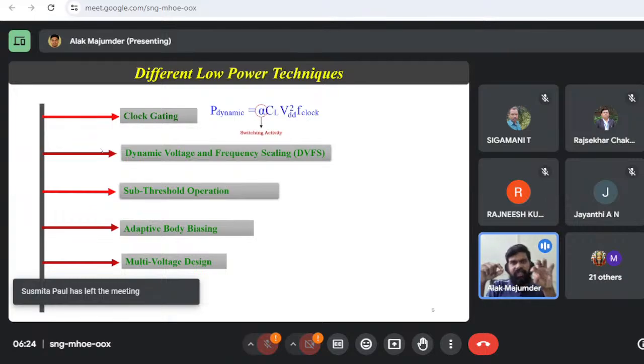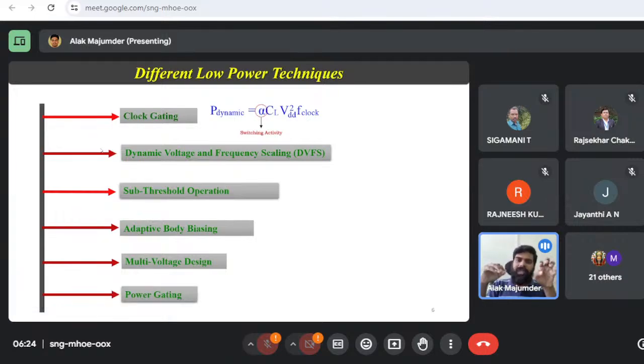So if the threshold voltage is getting changed, you will definitely have impact on both power and delay. Because if the threshold is large, your power dissipation will be low, but your circuit will be slower. If the threshold is lower, your power dissipation will be more, but your circuit will be faster. So always we need to do a kind of trade-off.